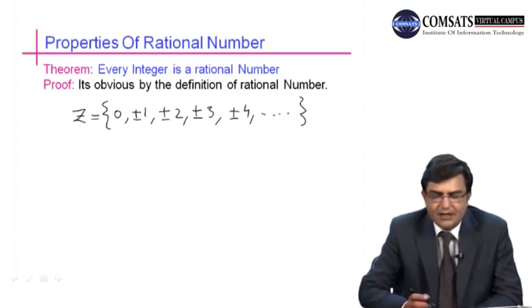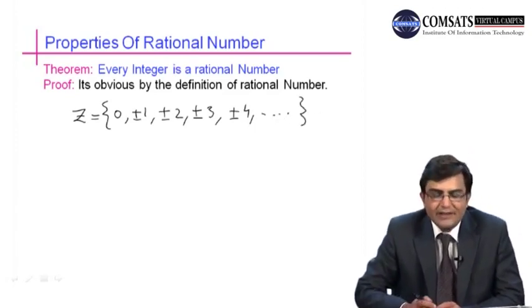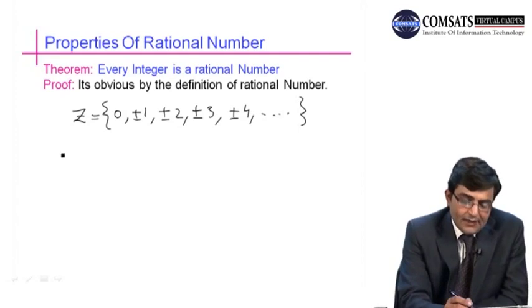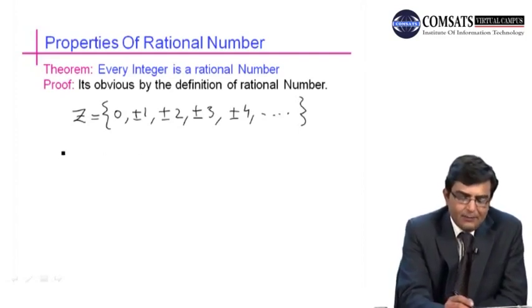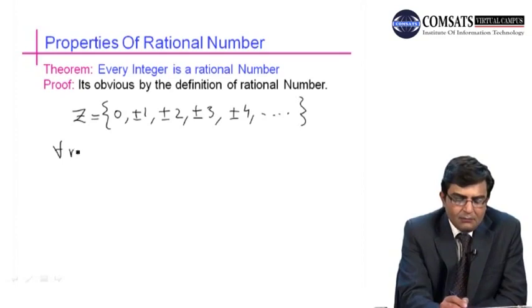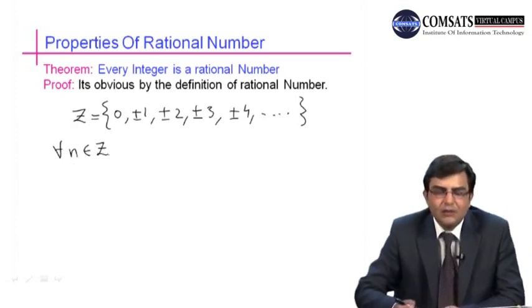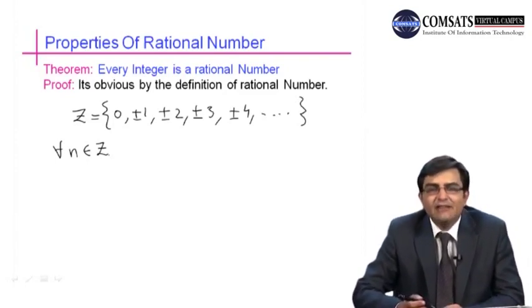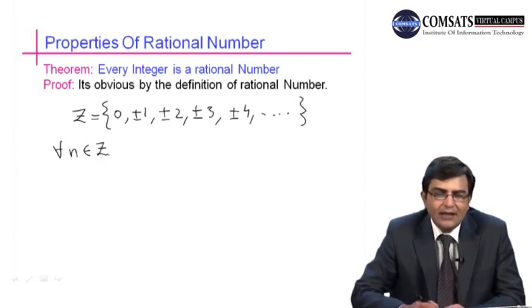I hope you already know this set. Now we have to prove that every integer is a rational number. We can take any arbitrary integer, for all n belonging to Z, where n could be plus 1, minus 1, plus 9, 11, 100, 200, 530, any integer.